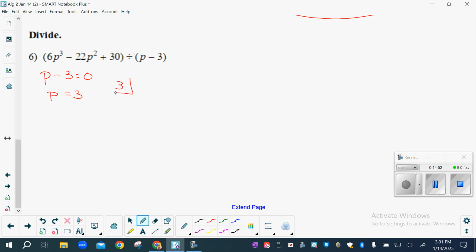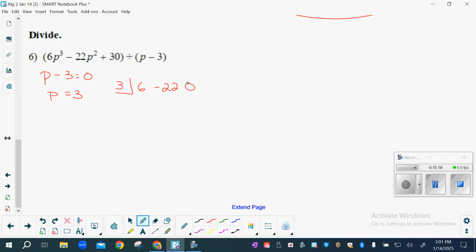Okay, pay attention here. So I have a 6 here, p cubed, this is p squared, I have a negative 22 for p squared. Do I have a p? No. How many p's do I have? 0. We have to put a place marker for every single term. So I put a 0 here.